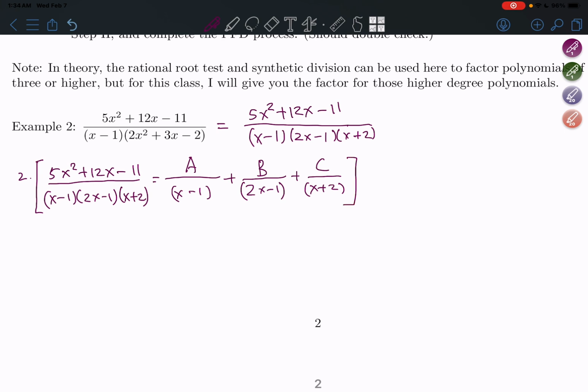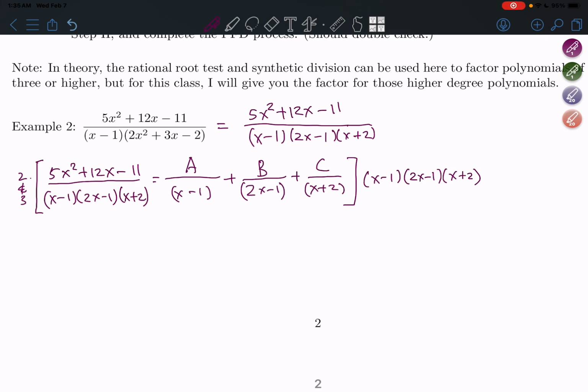So I'm going to multiply the whole thing by x minus 1, 2x minus 1, and then x plus 2. When I distribute, this is really step 3 here. I realize there's a lot of simplification.